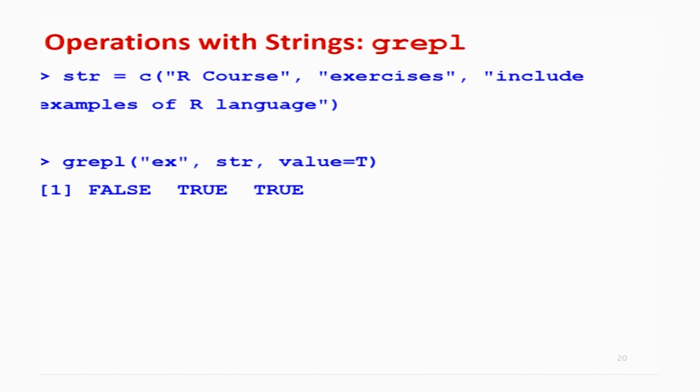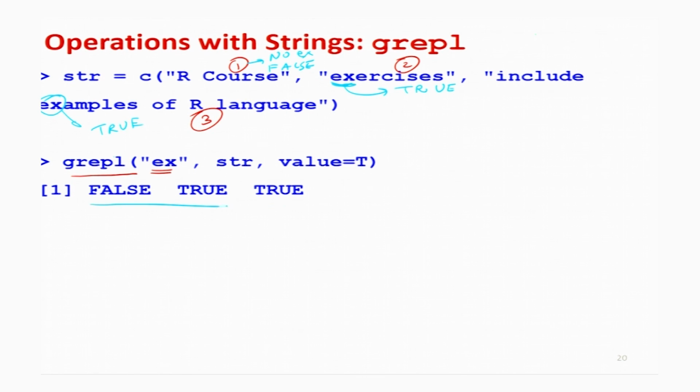And similarly, if I take the same example but use grepl with the word ex, you can see this is 1, this is 2, and this is 3. Now in 1 there is no ex, so the answer is coming out to be false, and then there is an ex in 2, so the answer is true, and then there is ex in 3, so the answer will come out to be true.